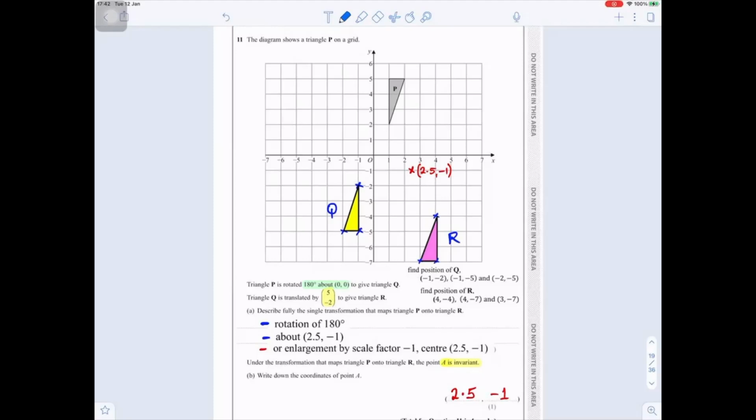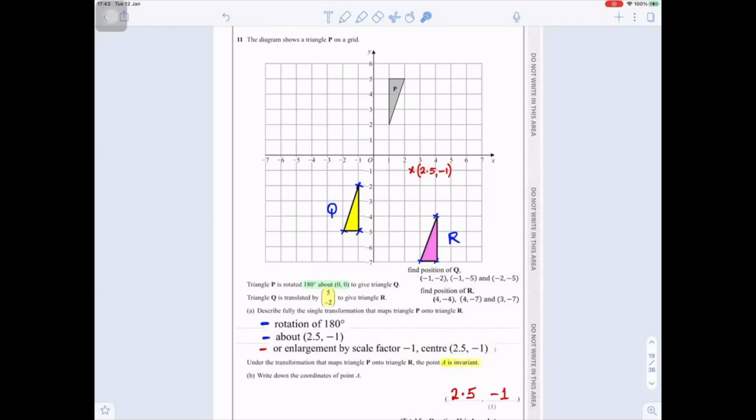The triangle P is rotated 180 degrees about 0, 0 to give triangle Q. Triangle Q is translated by 5, minus 2 to give triangle R. Describe fully a single transformation that maps triangle P onto triangle Q. So if we start, it is a rotation of 180 degrees with the center 2.5, minus 1, or you can say it's an enlargement scale factor minus 1 and the center 2.5, minus 1.